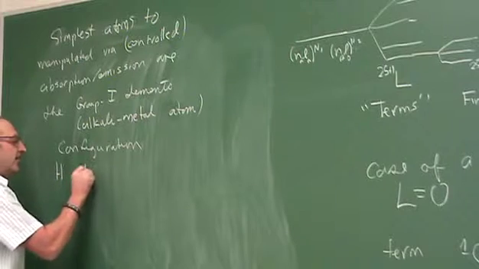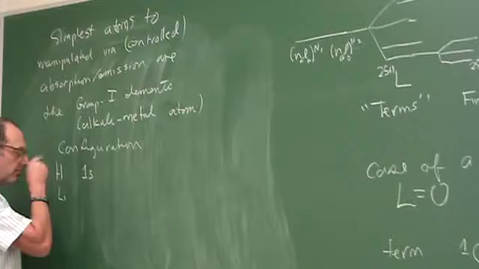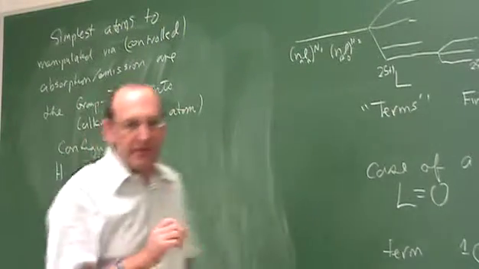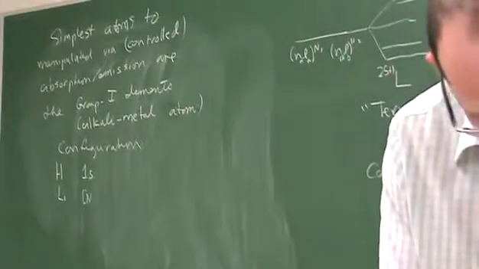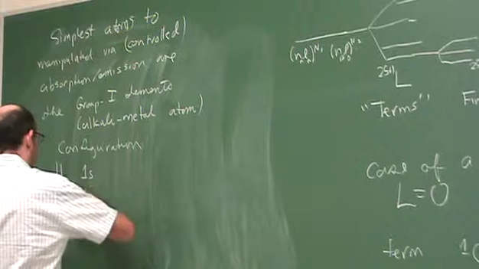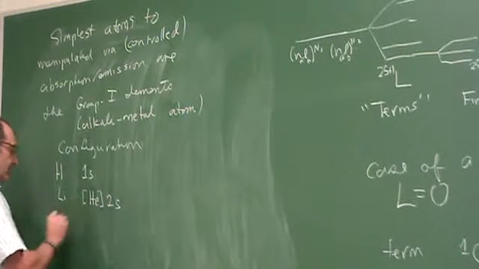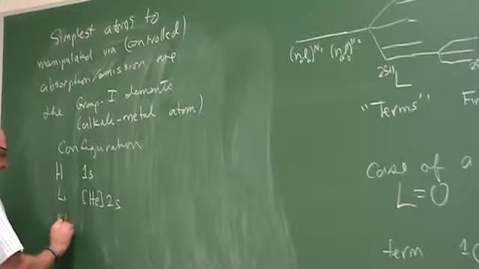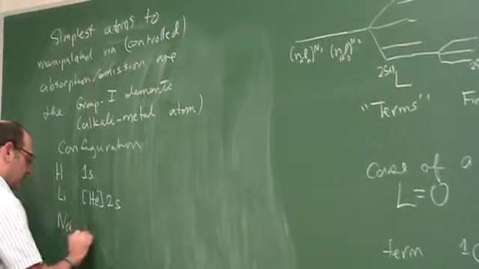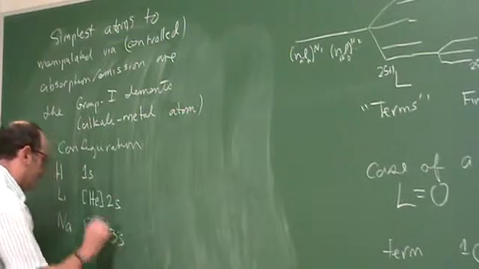Right? Its configuration is 1s. Then we have lithium, which is, let's say, I never remember the order, there it goes, neon. Okay. So we have the helium core, and then a 2s electron. Then we've got sodium, which has the neon core and a 3s valence electron.